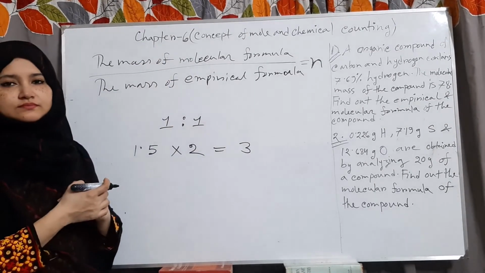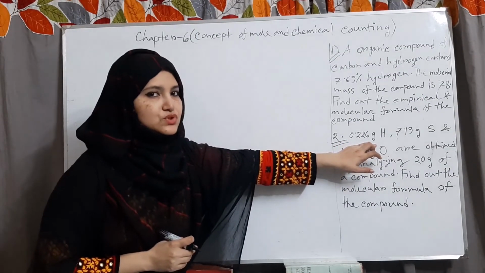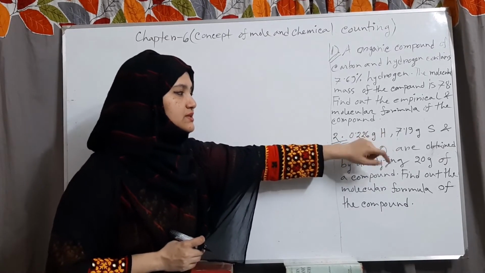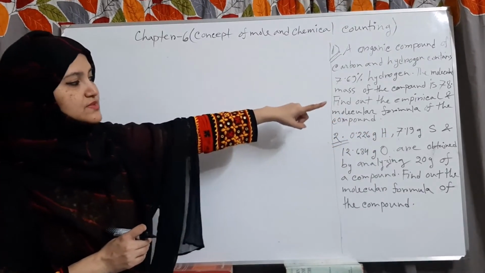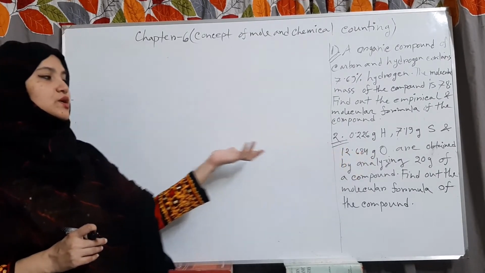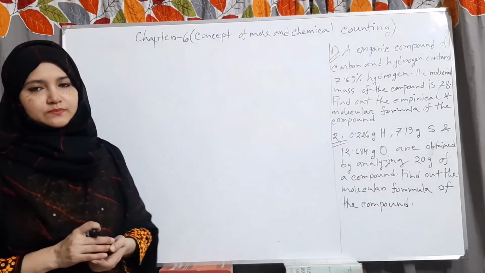Number 2. 0.226 gram, not percentage. 0.26 gram hydrogen, 7.19 gram sulfur and 12.684 gram oxygen are obtained by analyzing 20 gram of a compound.